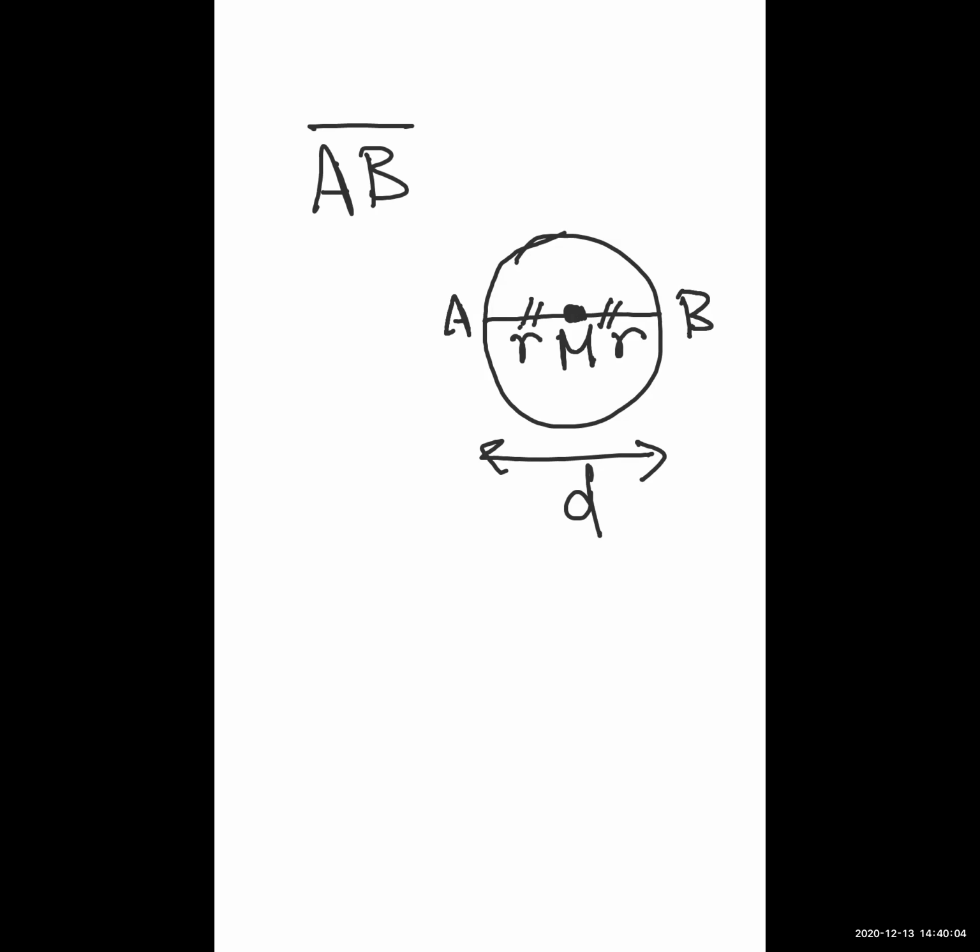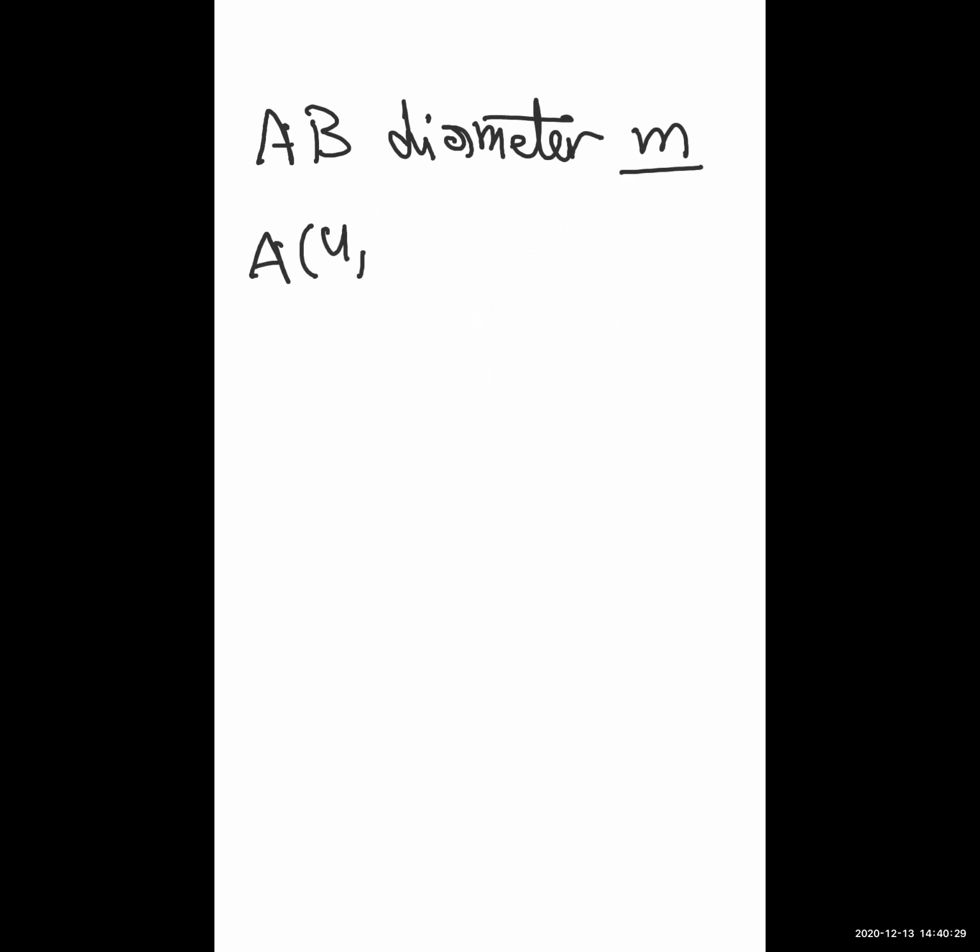Yes. Okay, so let's solve one example related to this. If AB is a diameter of the circle M, where A is (4, -1) and B is (-2, 7).